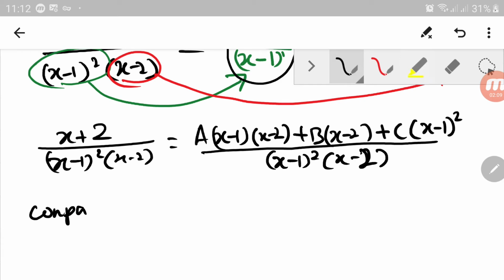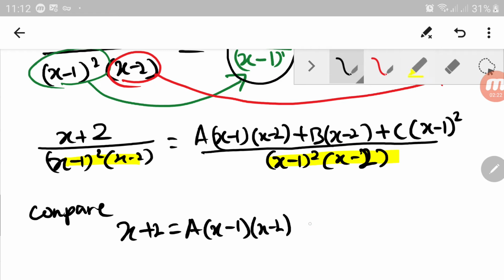Now we can compare, because these two are just the same thing. So x plus 2 equals A x minus 1 x minus 2 plus B x minus 2 plus C x minus 1 squared.